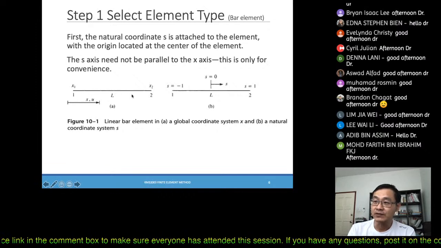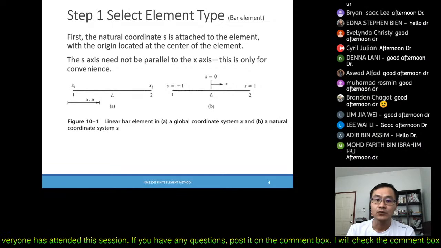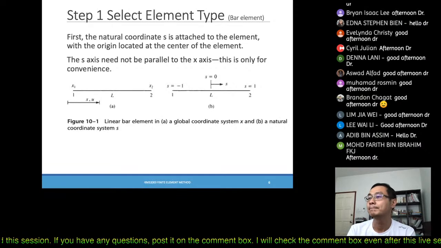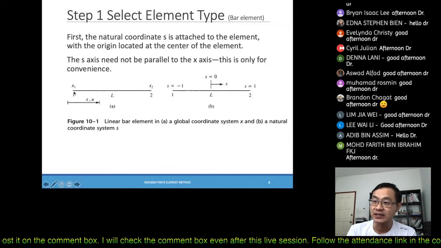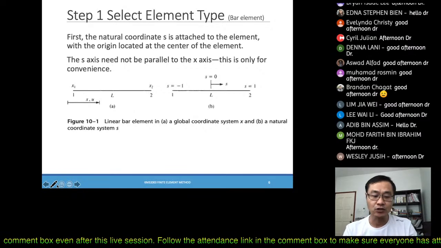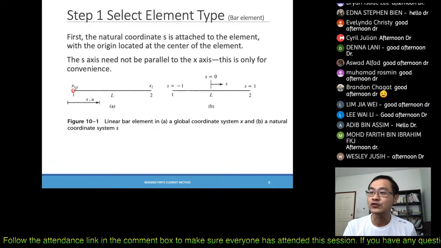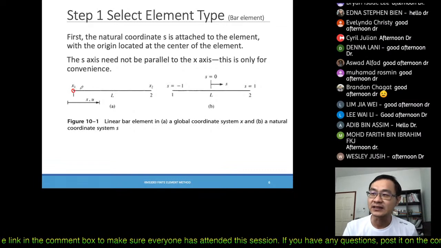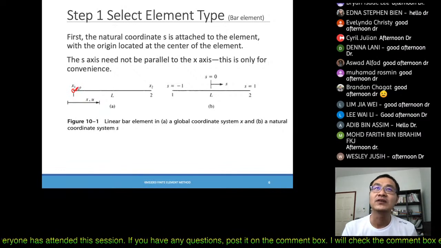Previously, when we derived the bar elements, we used node 1 and node 2, right? For these nodes we mark them with a coordinate.